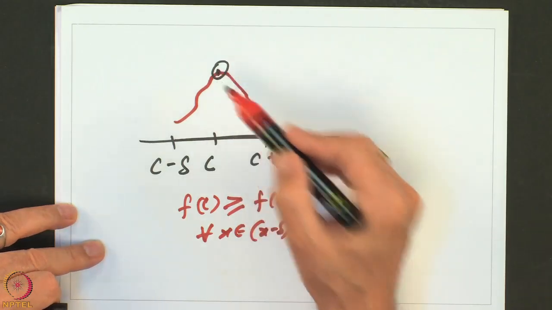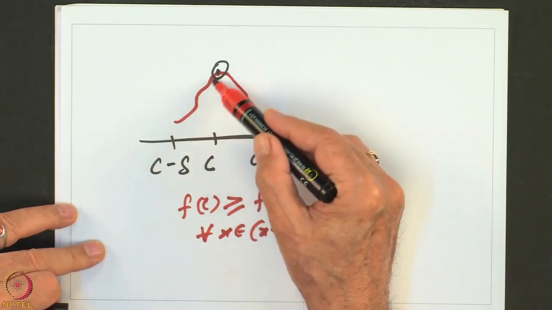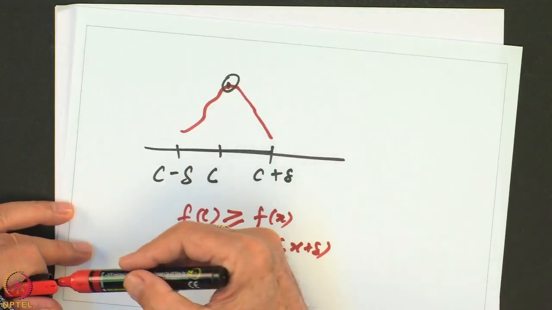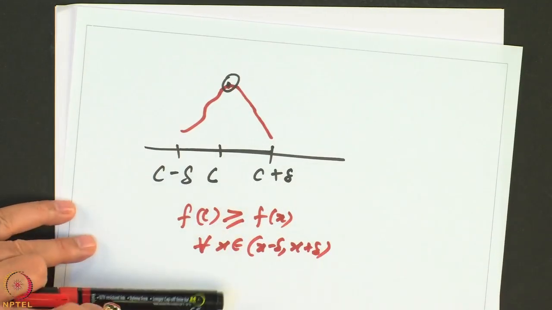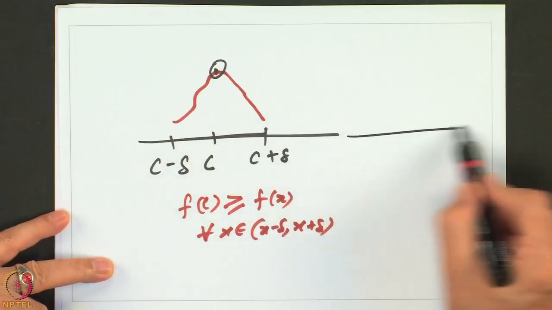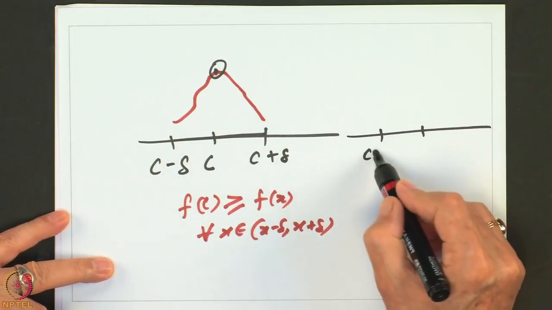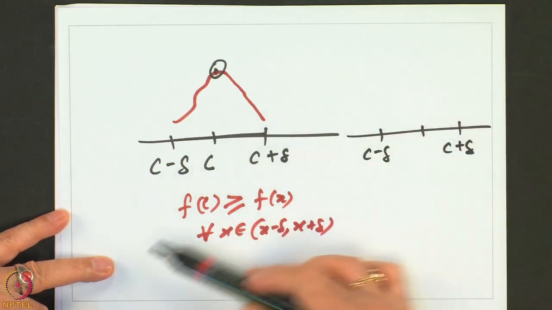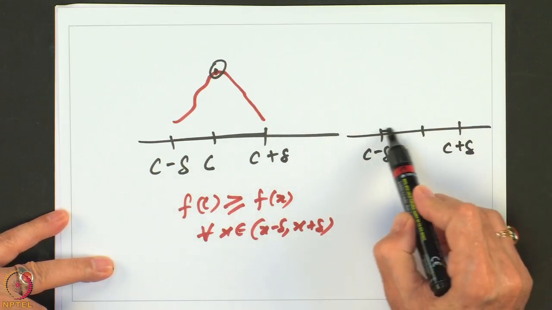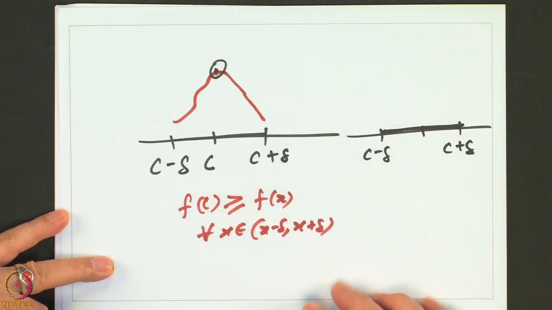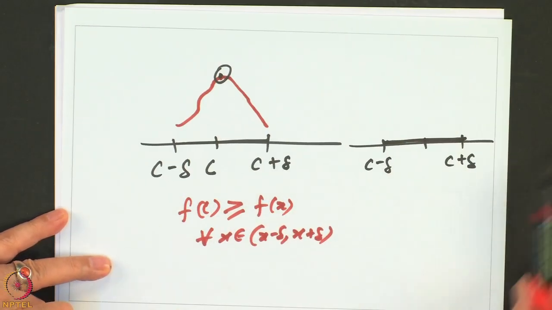So, this is a kind of a peak. The graph is going up and then it starts turning down if you look at the neighborhood of the point c. Similarly, if there is a delta such that in this interval c minus delta to c plus delta, we can say that the value of the function.